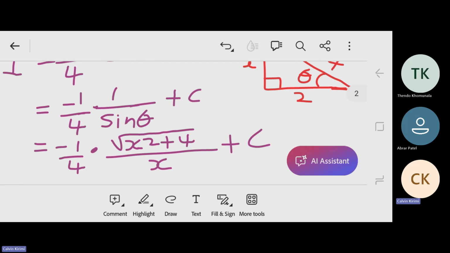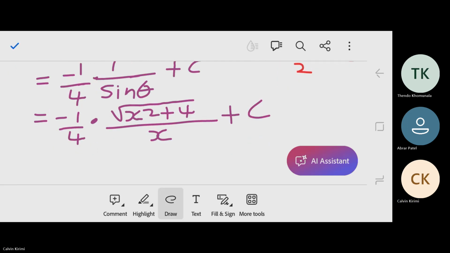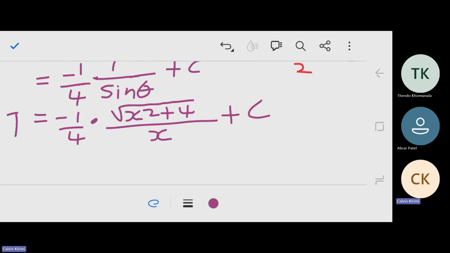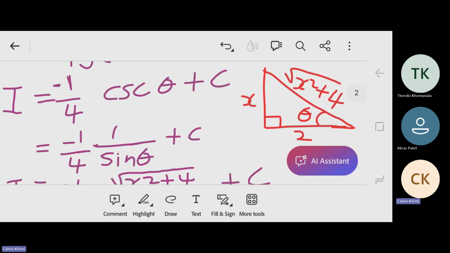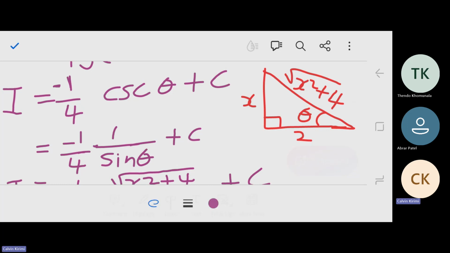So at the end, you must come back to replace your values back to x. You are given the expression in x. So now you change the values from theta to x.